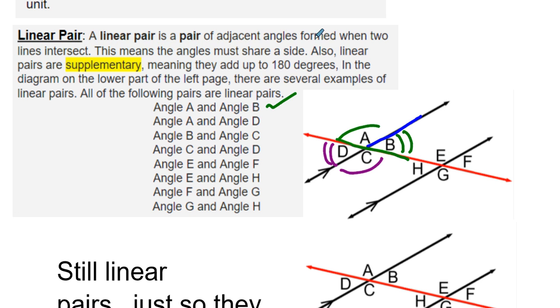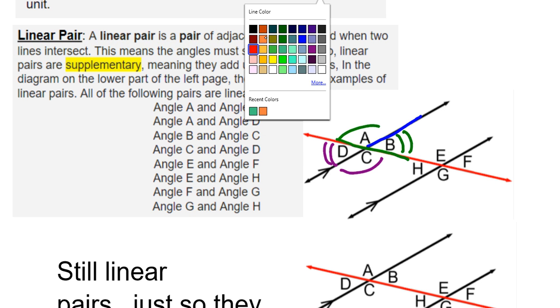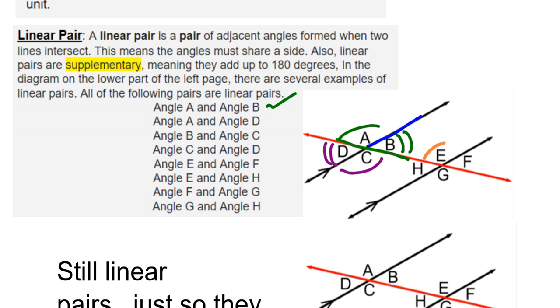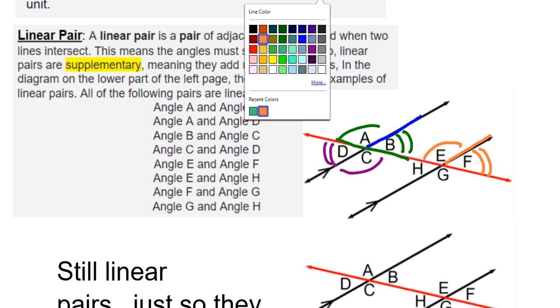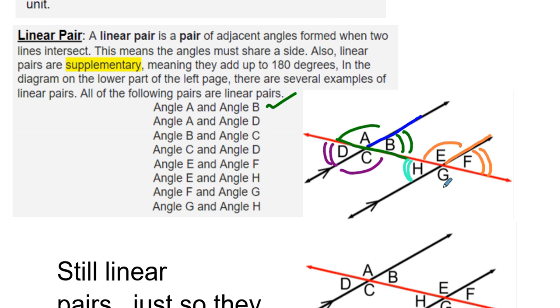Moving on to this line over here, E and F is another example of a linear pair. They share this side, and they're made up of a straight line which measures 180 degrees. And on this side, we have H and G. Those are also linear pairs. They share this side, and they're made up of 180 degrees because they come off of a straight line.